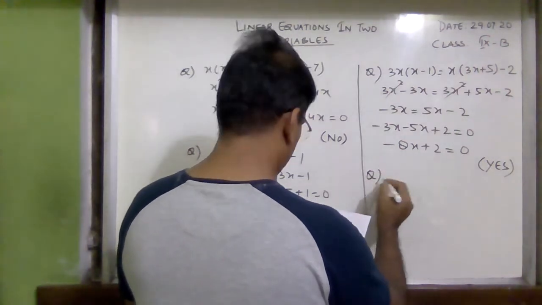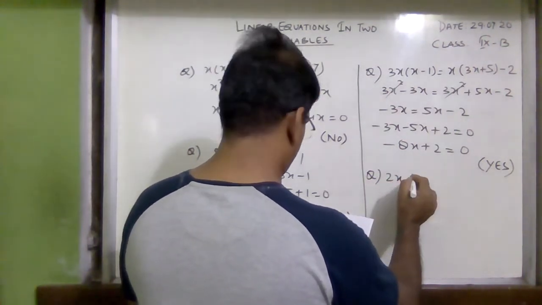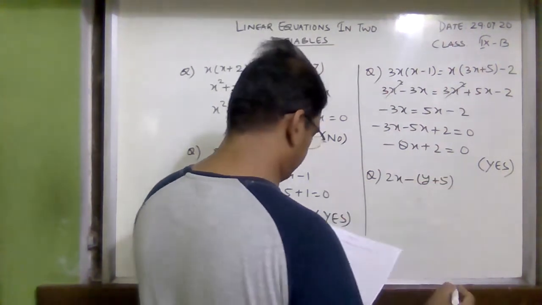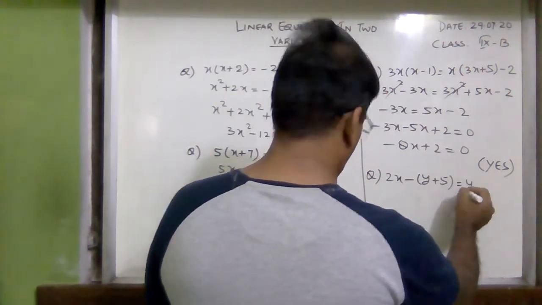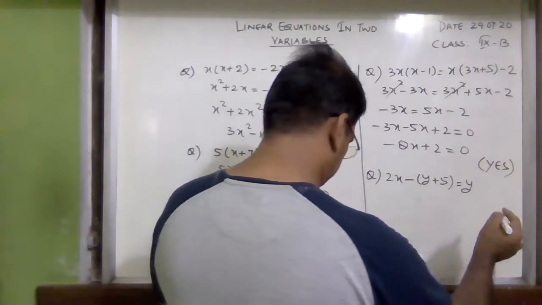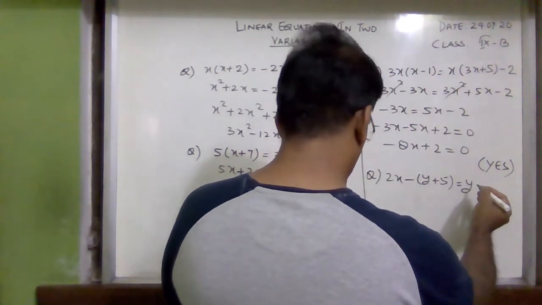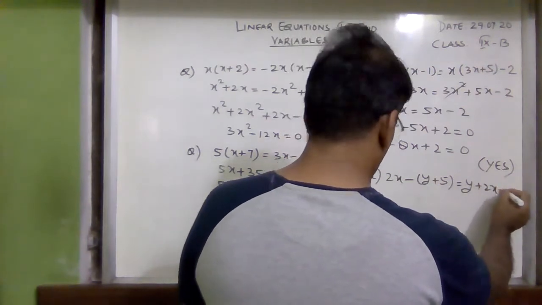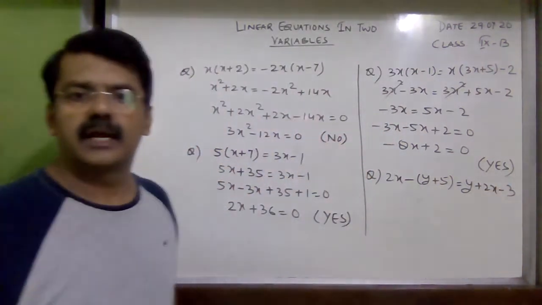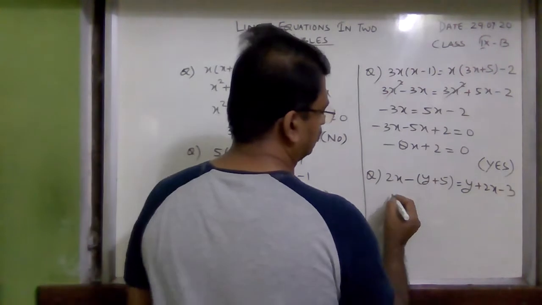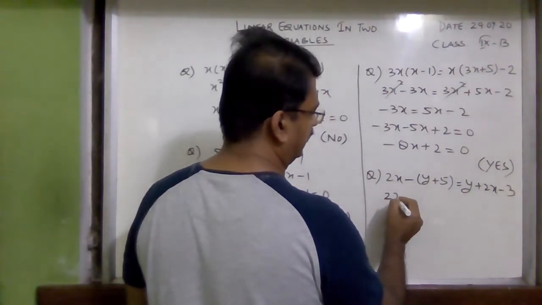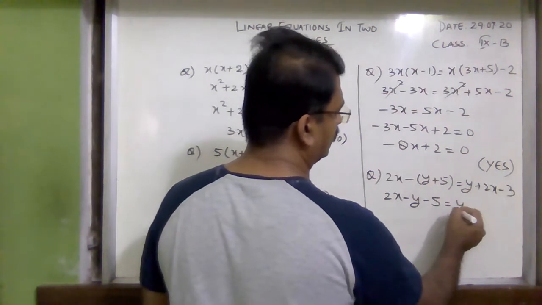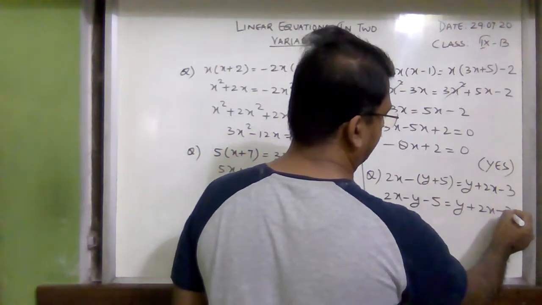One more question. 2x minus y plus 5 is equal to y plus 2x minus 3. Now if we open the bracket, 2x minus y minus 5 is equal to y plus 2x minus 3.